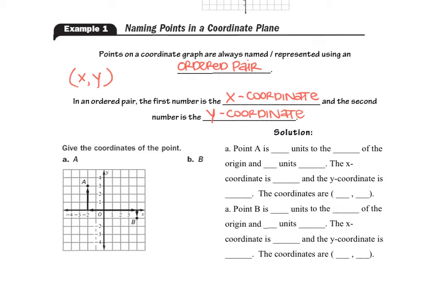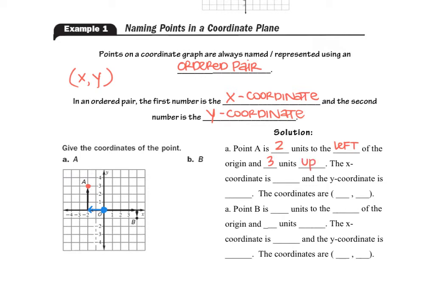So the first thing we're going to do is give the coordinates of point A. You can see point A there on the graph, and we know some things about point A. So point A is 2 units to the left of the origin. We mentioned the origin earlier, and the origin is this point (0, 0), and that is always my starting point when I am plotting points. So point A, you can see, is 2 units to the left of the origin and 3 units up.